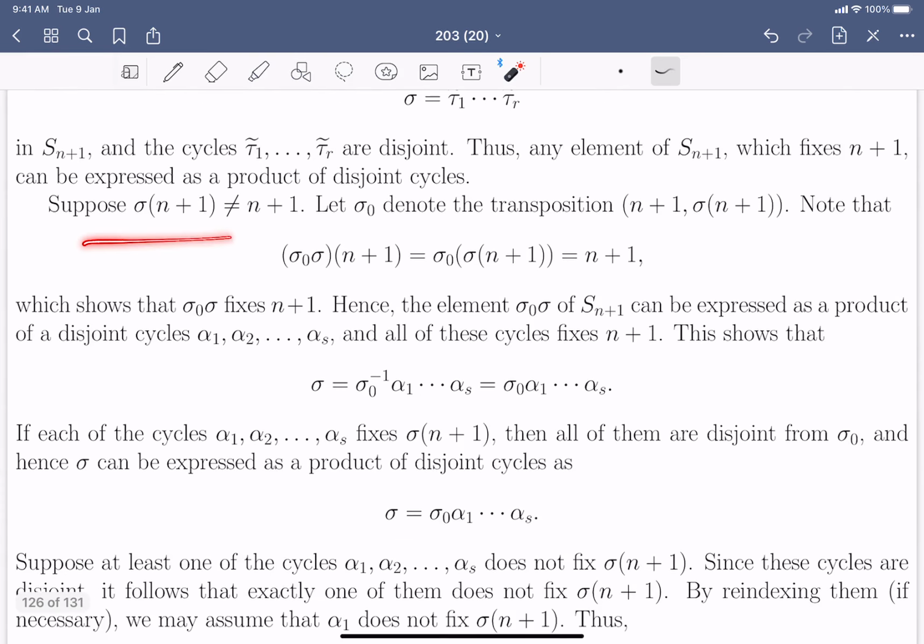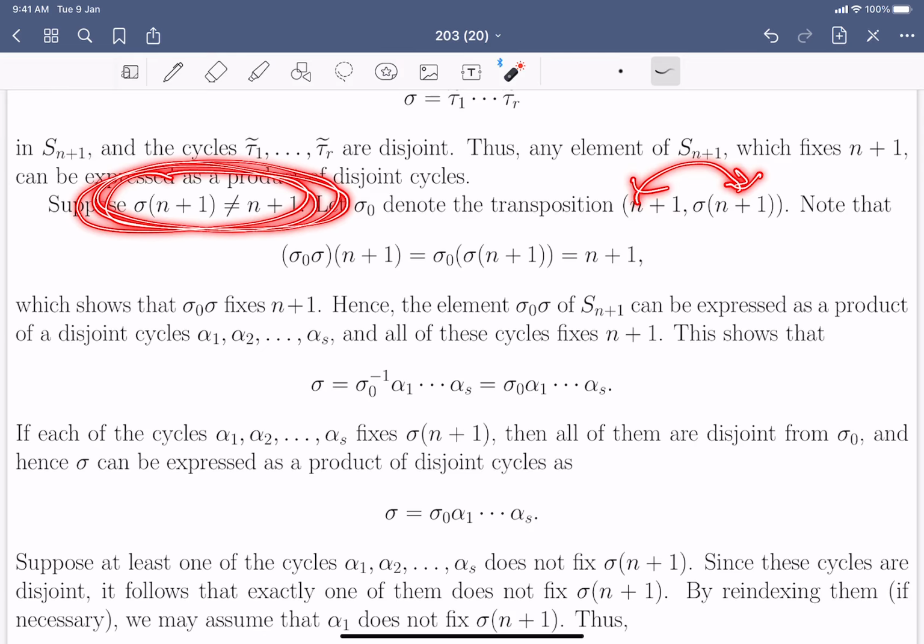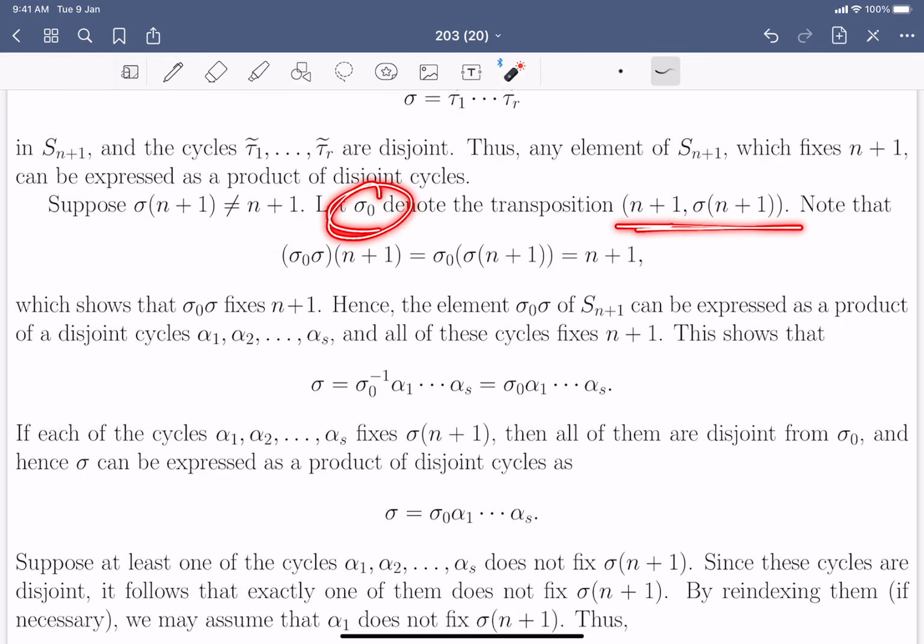So now you look at the situation when sigma does not fix n plus 1. So sigma of n plus 1 is not equal to n plus 1. And now you look at the transposition (n plus 1, sigma of n plus 1). This is a cycle of length 2 for the reason that these two integers are distinct. I'm calling this transposition sigma naught. If you look at this product, sigma naught sigma, and apply it to n plus 1, then you obtain n plus 1.